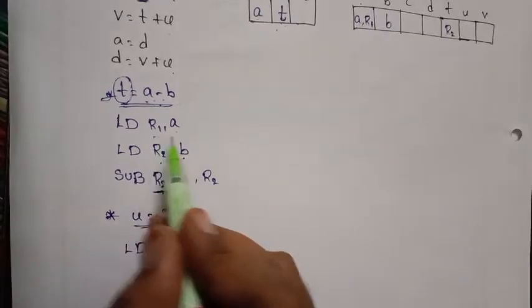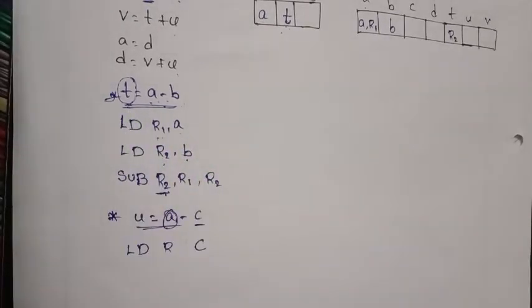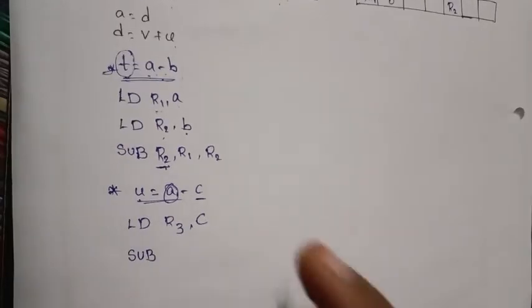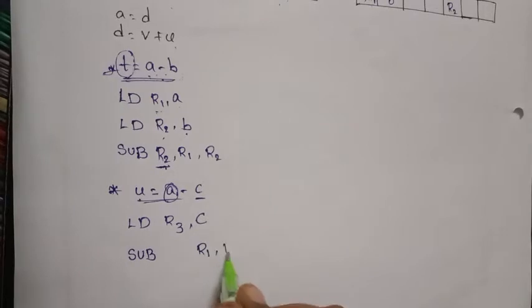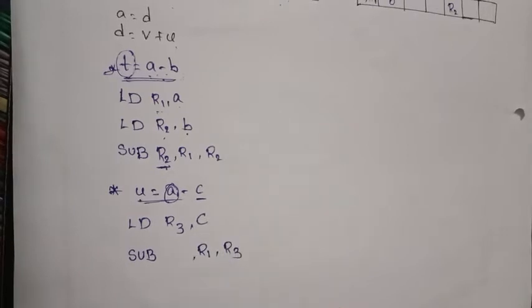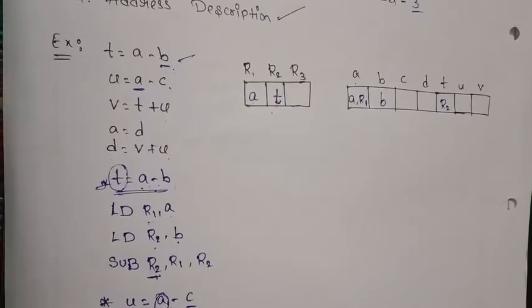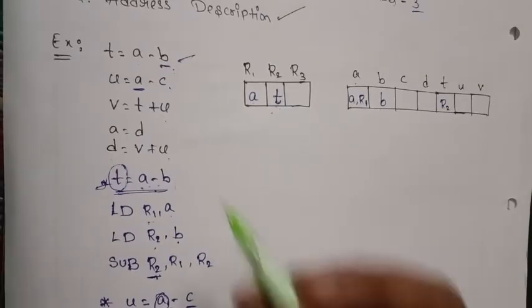Already in R1 a is there, and in R2 t is there. So I load c into R3. Now I do the subtraction again, using R1 and R3. And where do I need to store this? As I said, let us check if a is needed for any further purpose.